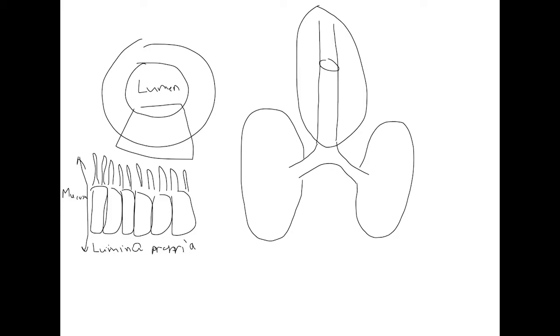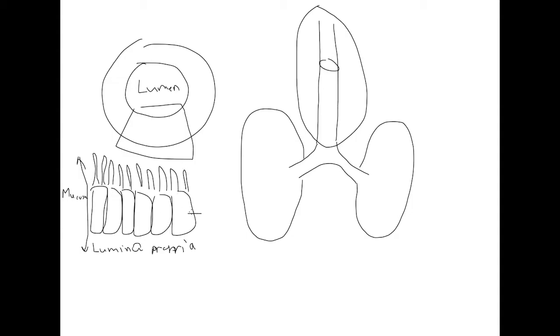But the lamina propria also has fibroblasts, which produce things like collagen and elastin, and those, in this case, help your trachea to be more elastic as well as have more structure. Elastin makes it more elastic.